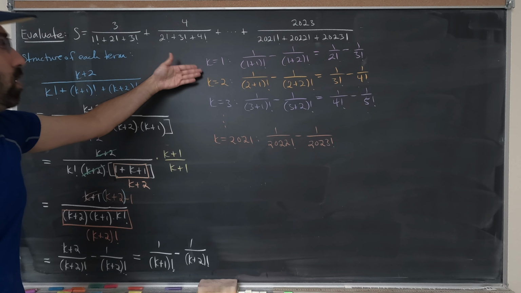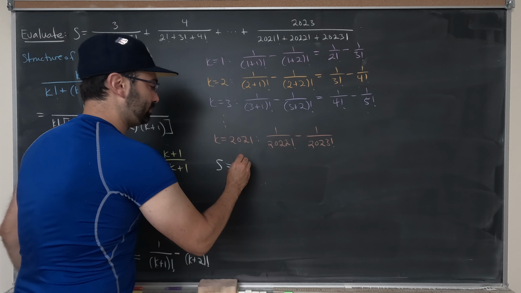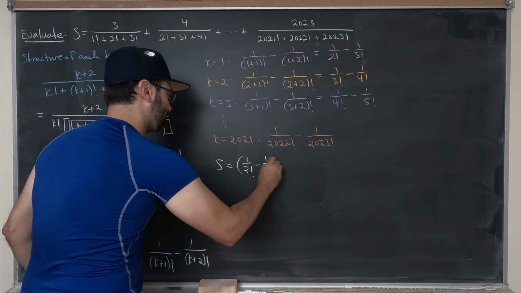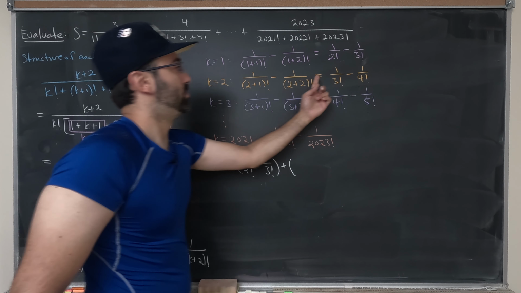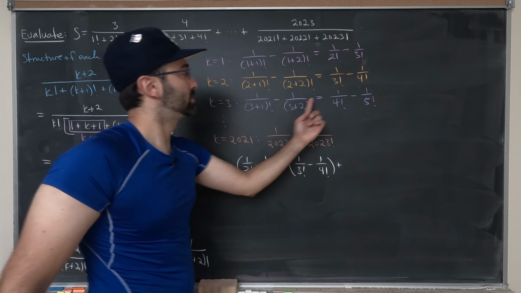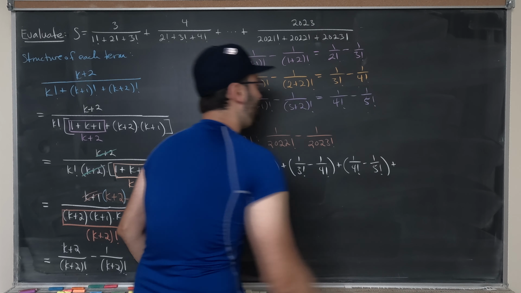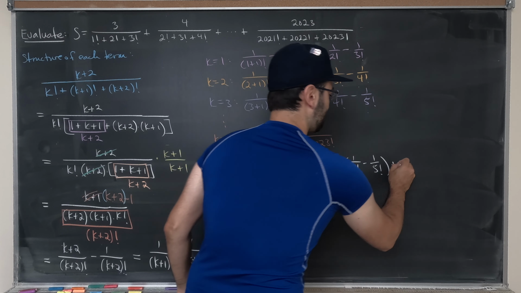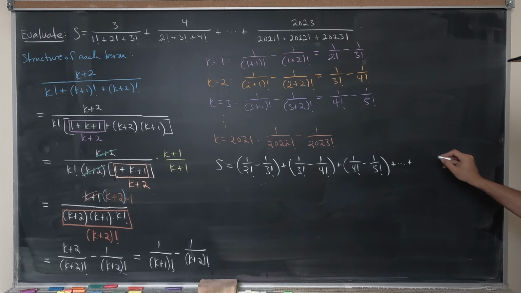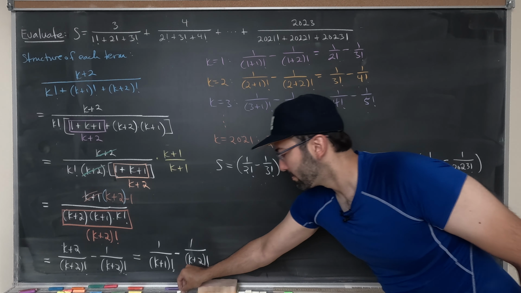So if we sum up all these terms, here's what we get. This plus this plus this plus all the way up to this. Now here's the beauty about this.